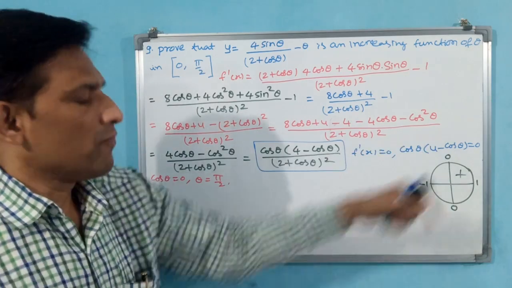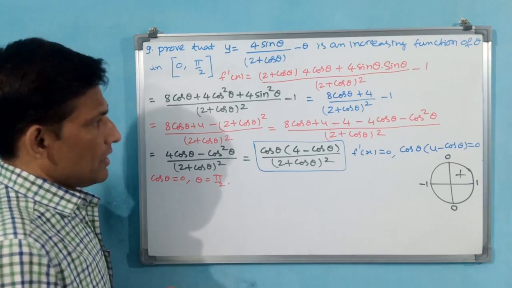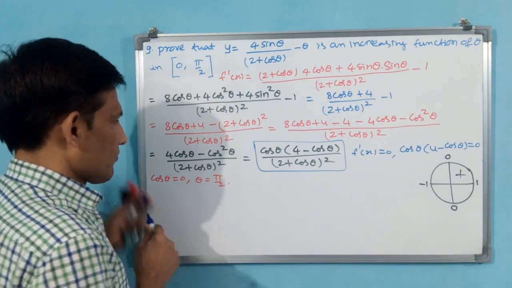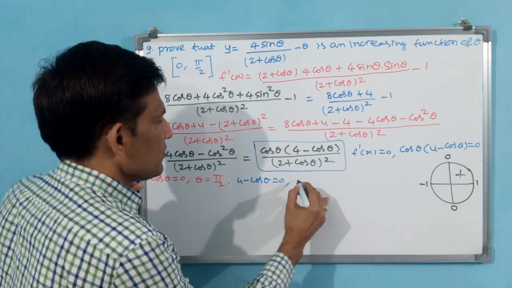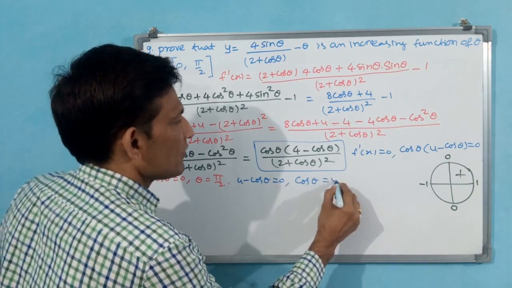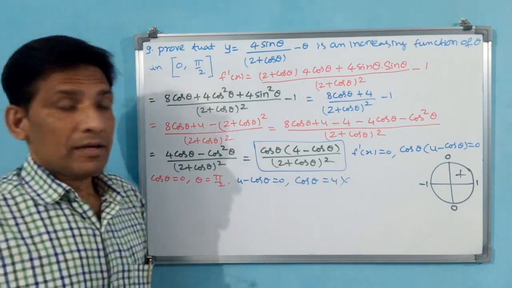Again, go for 4 minus cos theta also, because that also you have to see. 4 minus cos theta is equal to 0 implies cos theta is equal to 4, which is not possible. Why?